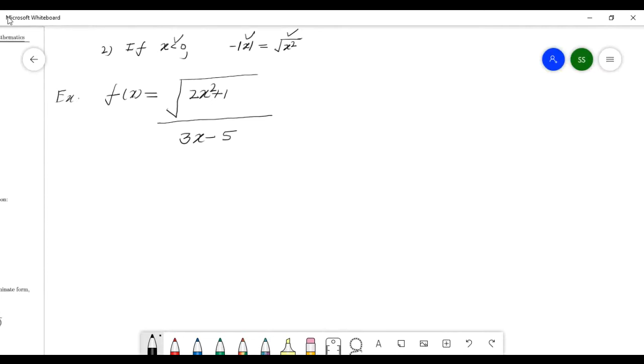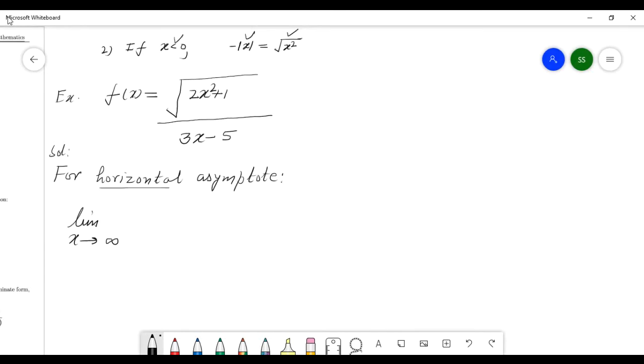The solution for horizontal asymptote. For horizontal asymptote, what will you do? You will take this limit, x goes to positive infinity first.